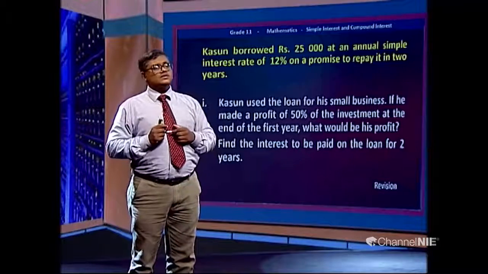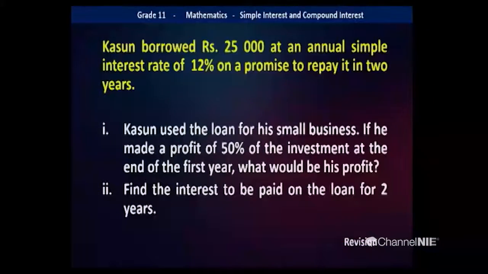Kasun borrowed rupees 25,000 at an annual simple interest rate of 12% on a promise to pay it in 2 years. They have given a story, a sentence. Kasun, the name is not important to us, borrowed rupees 25,000 at an annual simple interest rate of 12% on a promise to pay it in 2 years.